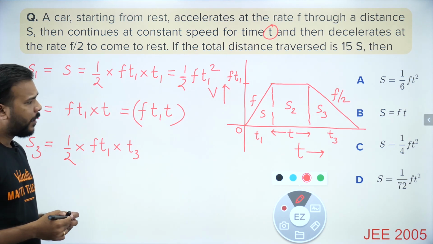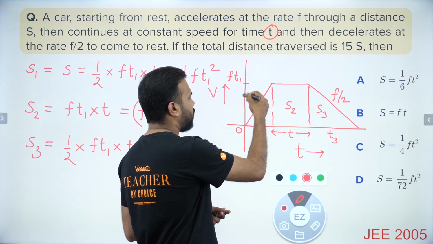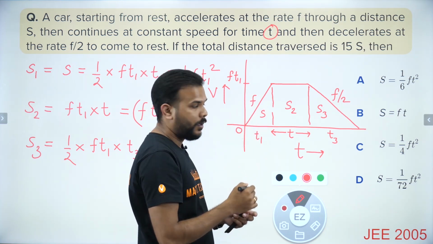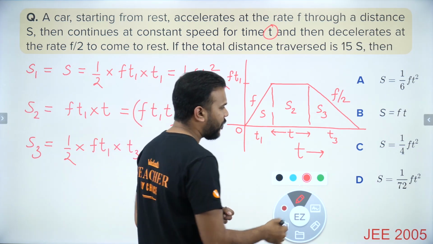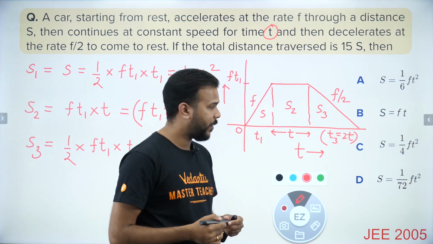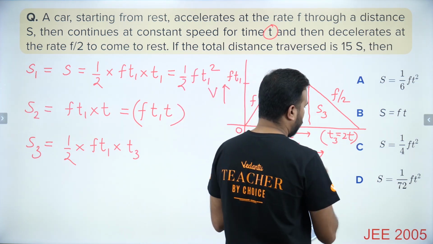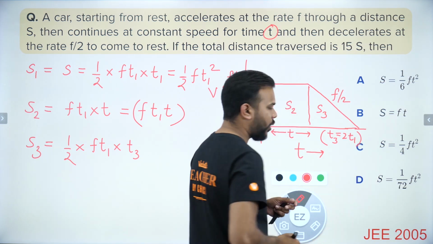Okay guys, can I say that if it is accelerating at a rate f and then slowing down at half the rate, then the time that will be taken will be 2t1. So this is 2 times t1, t3.